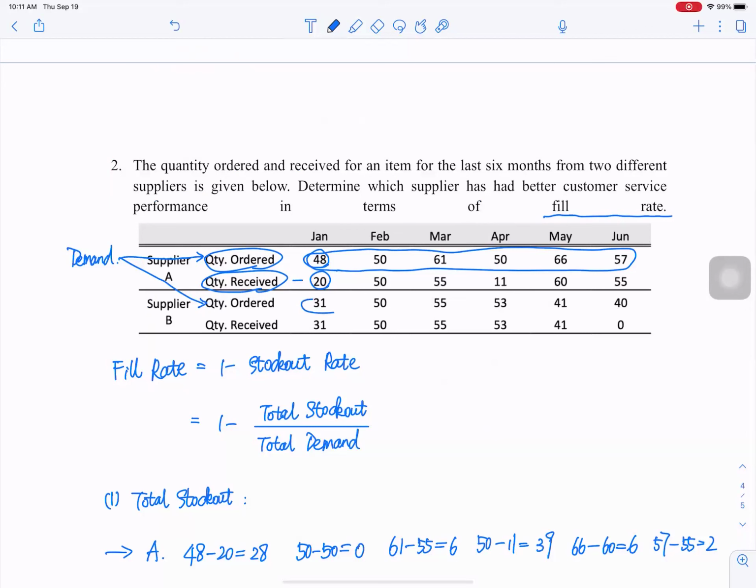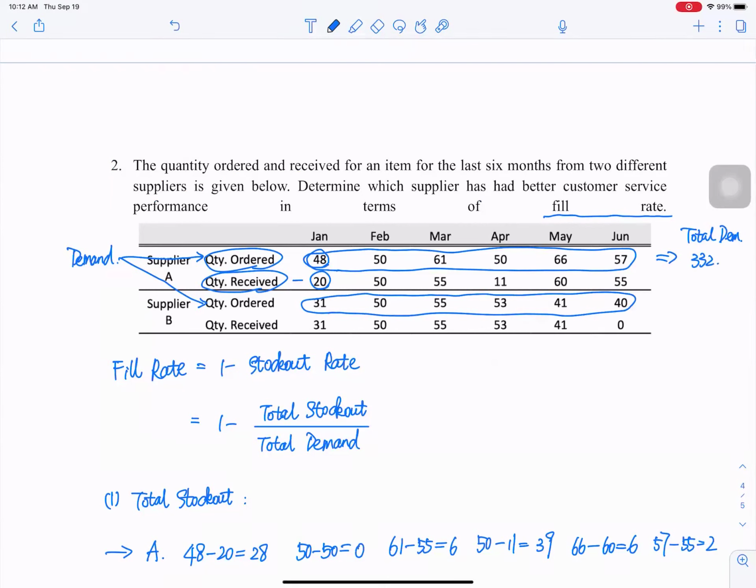And then similarly, we calculate the total demand for supplier B by adding all these 6 numbers in the first row of supplier B. And then in this way, we can get our total demand for supplier A equals 332, and the total demand for supplier B equals 270.